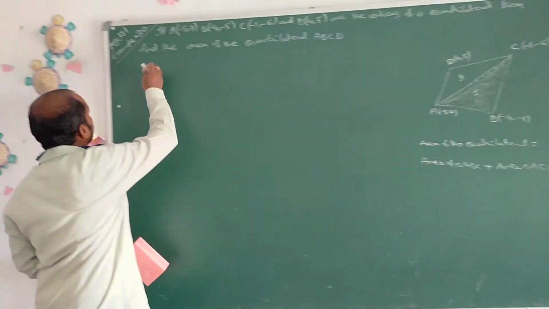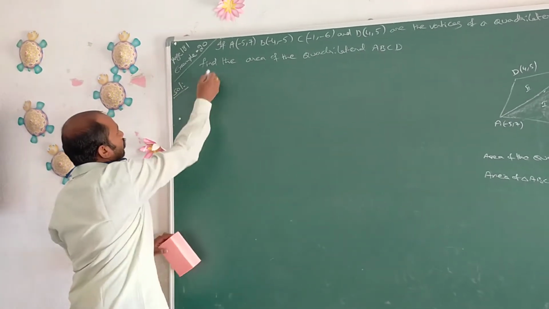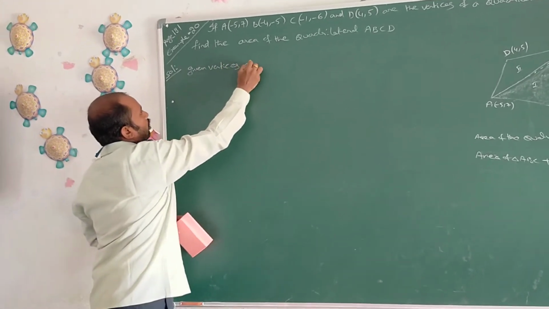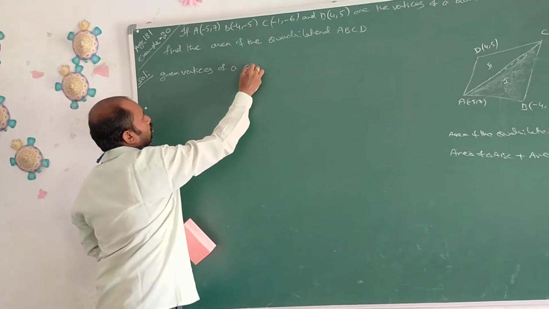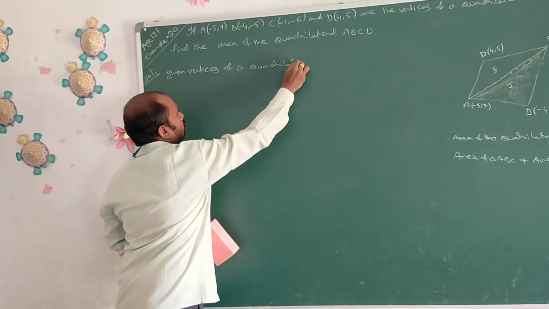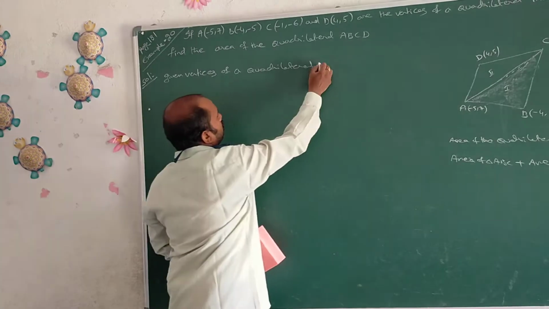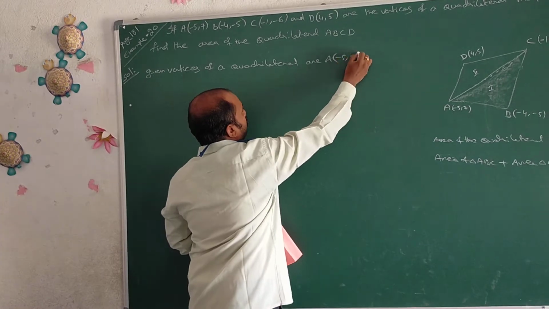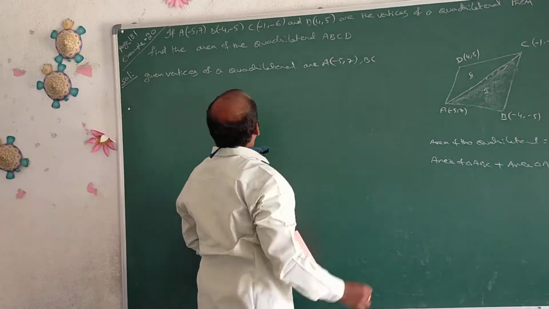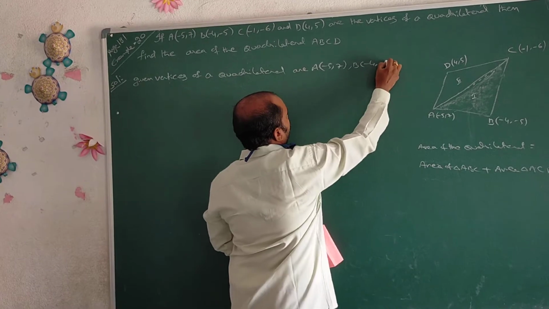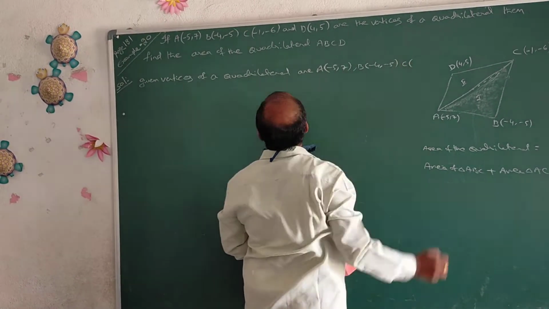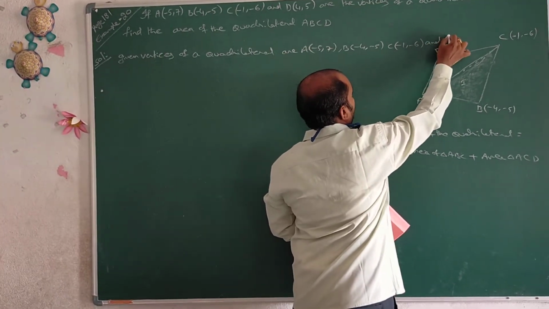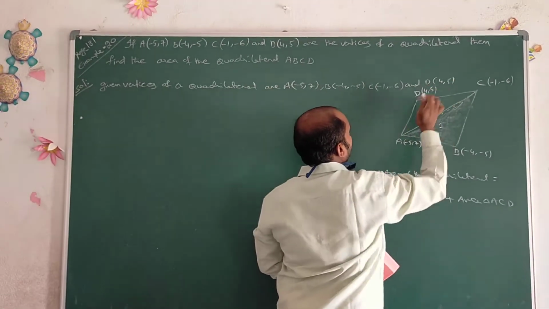So first you write the solution. Given vertices of a quadrilateral are A(-5, 7), B(-4, -5), C(-1, -6) and D(4, 5).